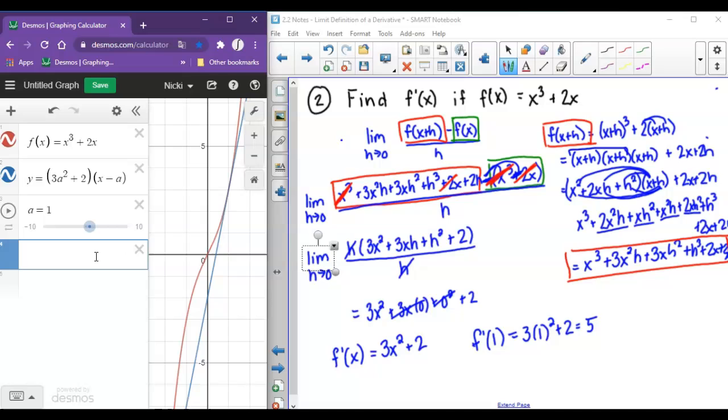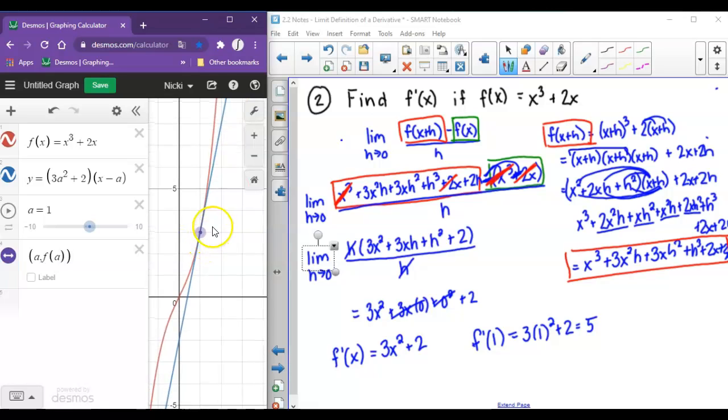Here, let me put this point on here so you can see A, f of A. Alright, so right there at that point, at 1, you can see the slope of this line. If I zoom out a little bit, you've got a slope of up 1, 2, 3, 4, 5 over 1. So that gives you the slope of the tangent line. But it'll work anywhere.